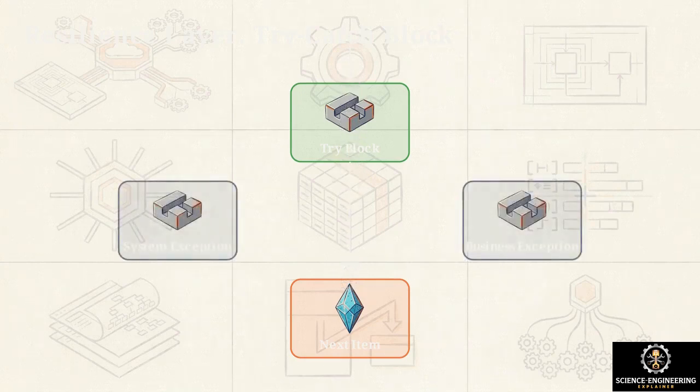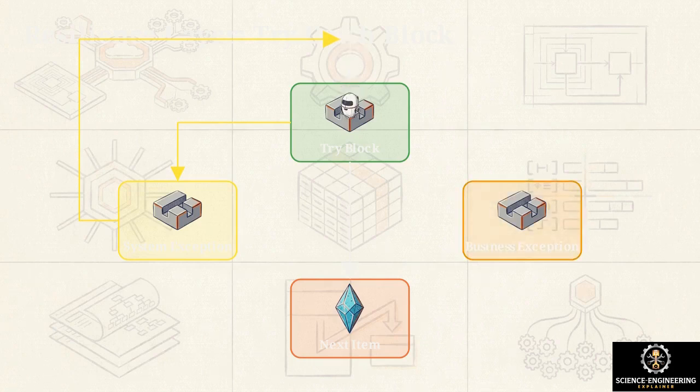If it encounters a failure, the execution immediately diverts to the catch path to deploy a designated recovery protocol. Unforeseen infrastructure crashes, like an application timing out or a null reference, are classified as system exceptions. The recovery protocol for a system exception is usually to loop the execution back through a retry scope, assuming the network or application issue is temporary.